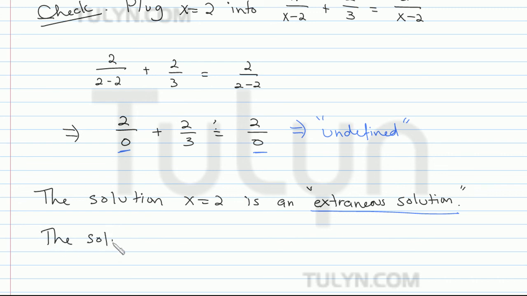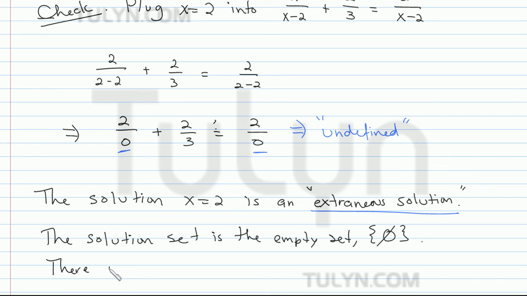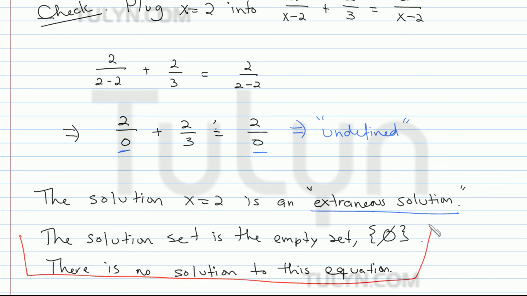So you can say the solution set is the empty set, which is signified by this symbol over here, or you can just simply say, very bleakly, there is no solution. Either of these actually do satisfy the answer to the question.